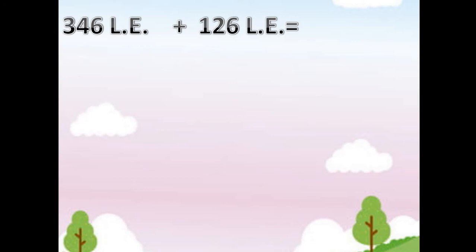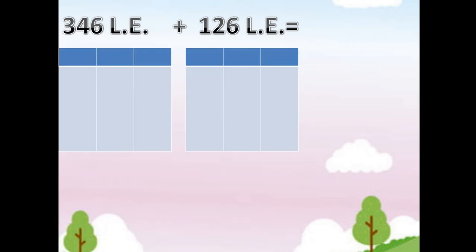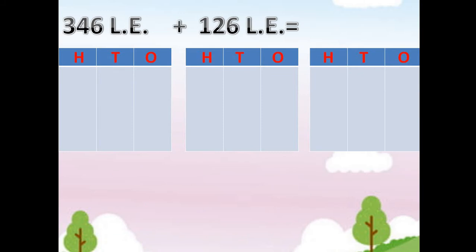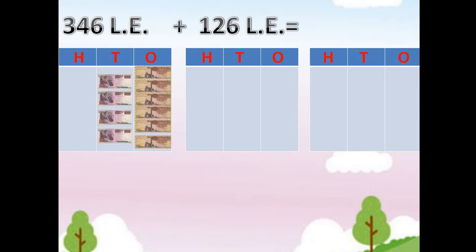Another example, 346 LE plus 126 LE. How can we solve it? I will draw the place value money mat for each number. And in the ones, for 346, I will draw 6 ones. And in tens, 4 tens.